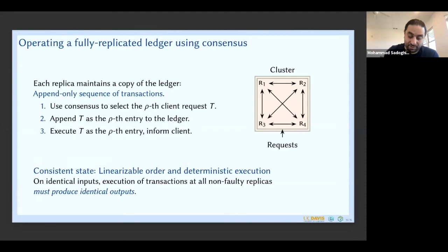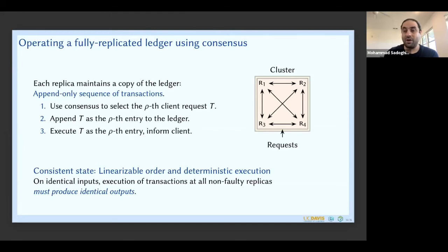And since every replica will independently, once it determines the sequence number of the transaction, go ahead and execute that transaction and produce the outcome. If the execution is non-deterministic, even if the transaction was executed at the particular sequence number, meaning that, for example, a dice was flipped, then the outcome will not be the same.